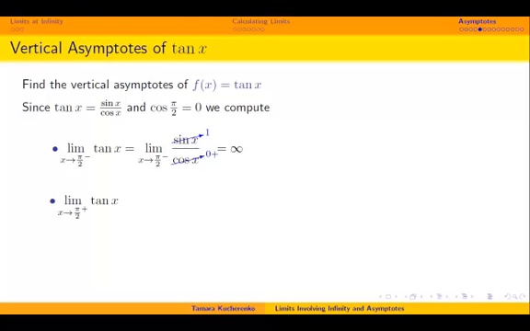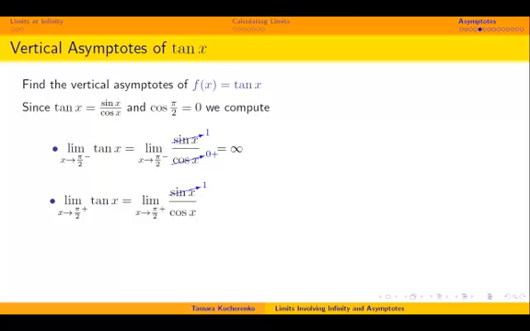The right-hand limit of tangent x at pi over 2 is the right-hand limit of sine x over cosine x at pi over 2. Again, sine is continuous, and at pi over 2 has value 1. Therefore, the numerator tends to 1.